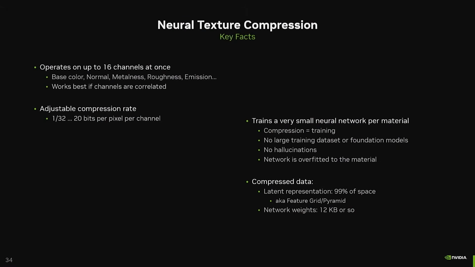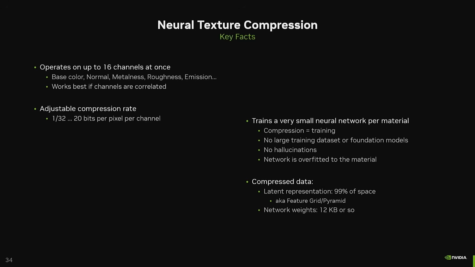To give you some more background on NTC in general, just some key facts here that NTC is designed to operate on texture sets, which have up to 16 channels at once. Texture sets such as like PBR textures for one material, including things like base color, roughness, metalness, etc. And it works best if the channels are correlated, similar to BC compression, which also assumes that the channels are correlated.